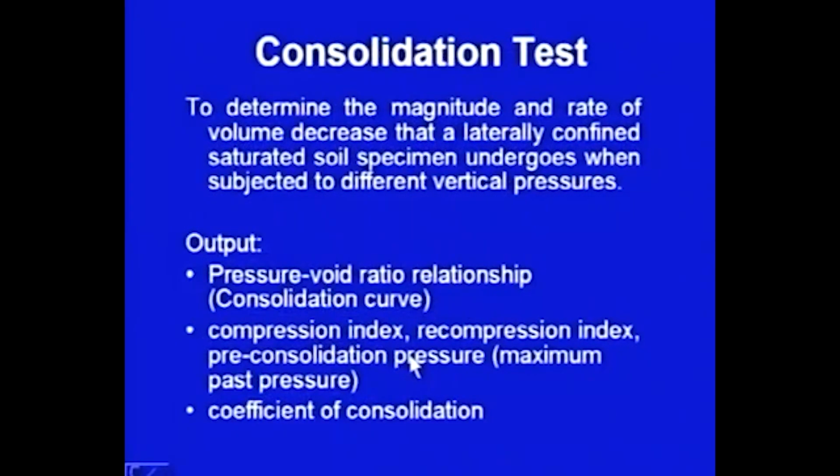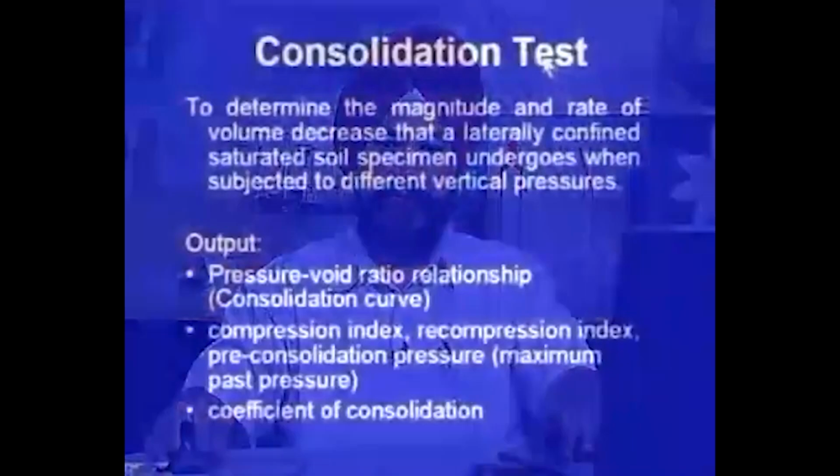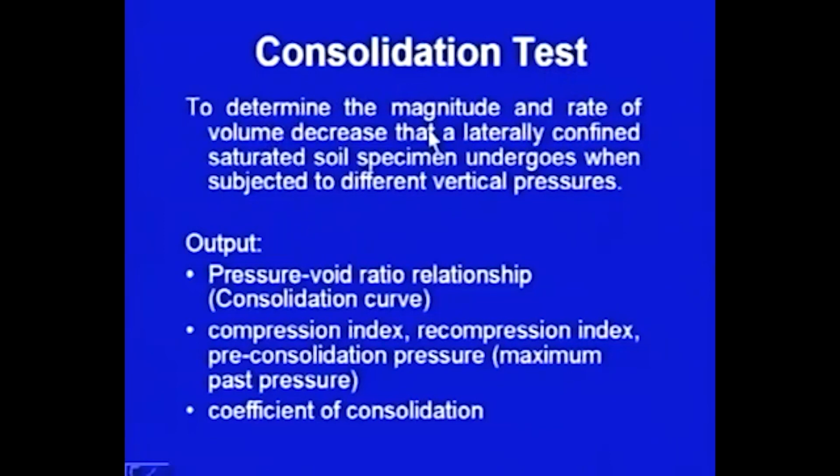Now, this phenomenon we use in the design of buildings, and there are certain tests. The consolidation test is used for this purpose, and the purpose of the consolidation test is to determine the magnitude and rate of volume decrease that a laterally confined saturated soil specimen undergoes when subjected to different vertical pressures.